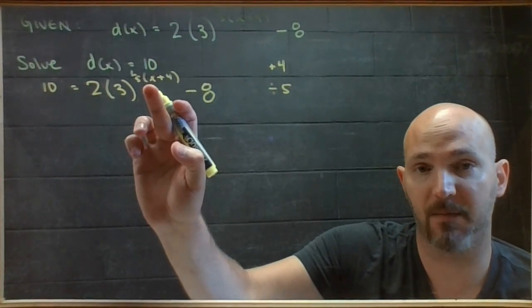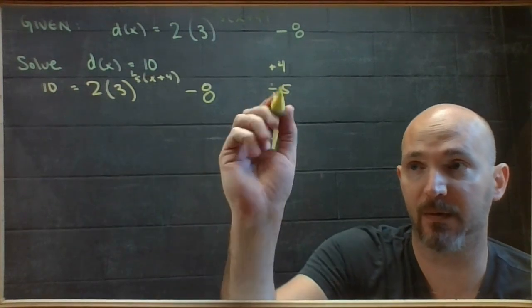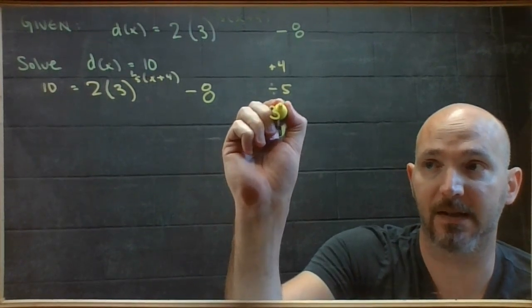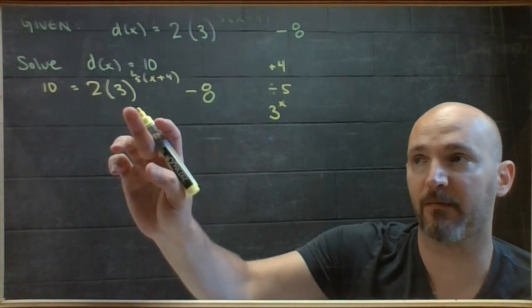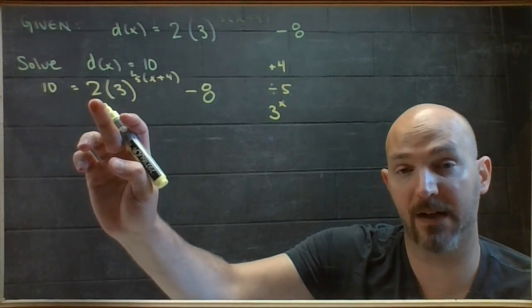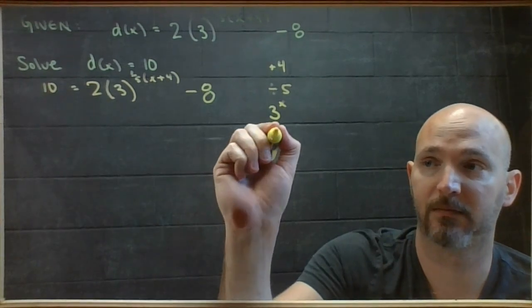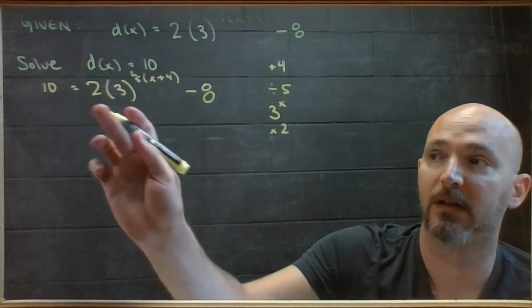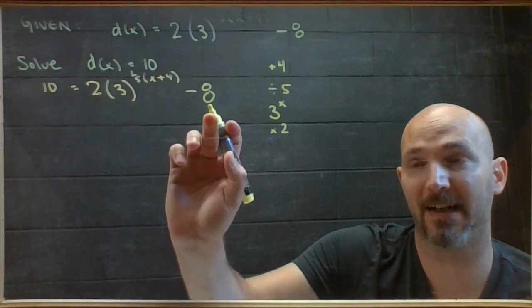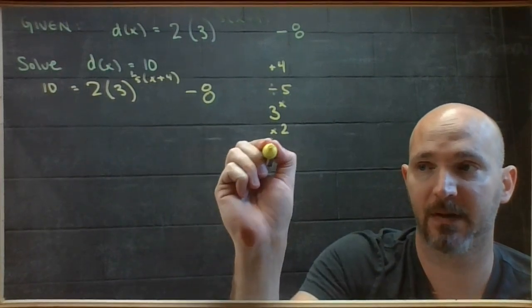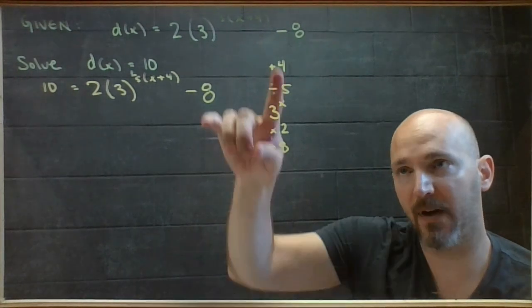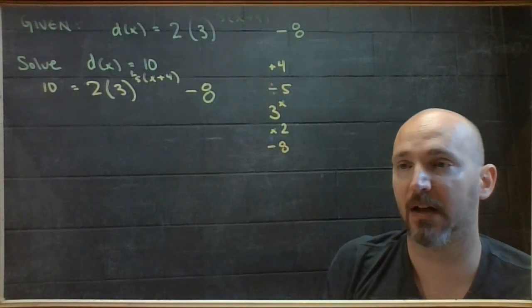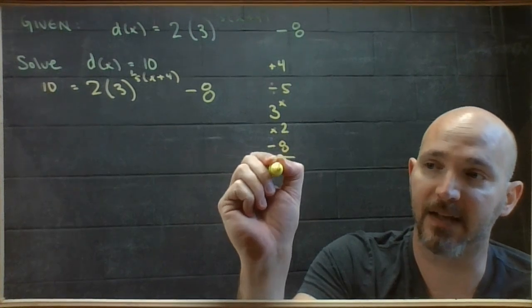Once I divided by 5, I would have to do 3 to this exponent. I have to actually apply the function. Once I had that, I would have to double it. And once all that work was done, I'd have to subtract 8. So if I do all this stuff, I end up with 10 as my answer.